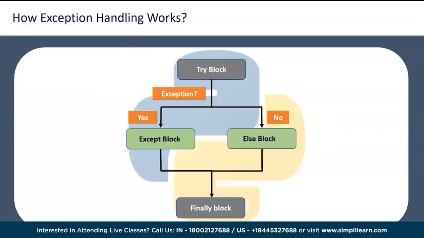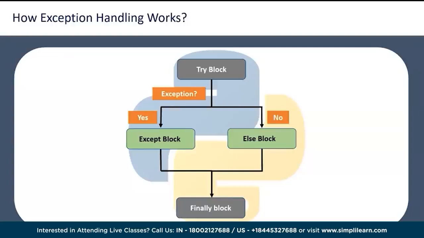Now it's a pretty straightforward flowchart of exception handling. You start with a try block, and if an exception occurs in your code, it goes to the except block. Otherwise, it goes to the else section. And then finally, you have the finally block where the code gets executed and stops.